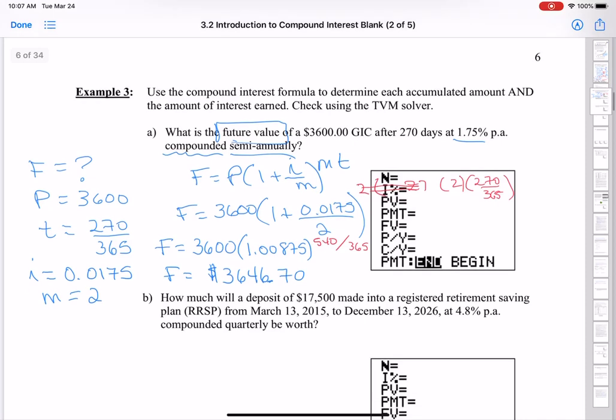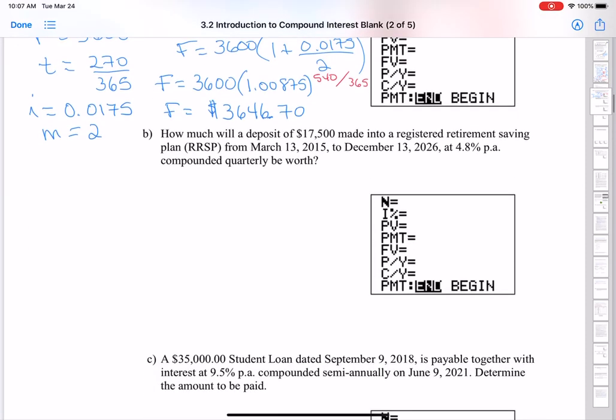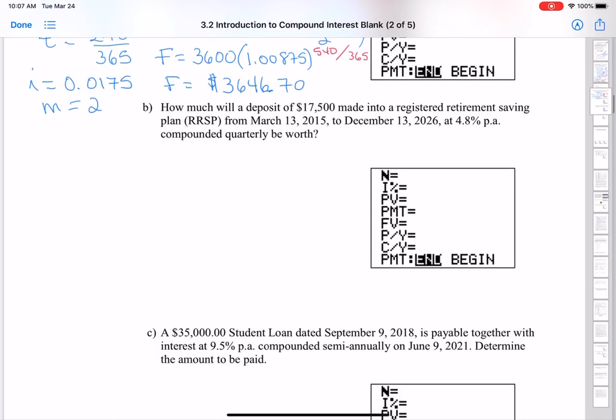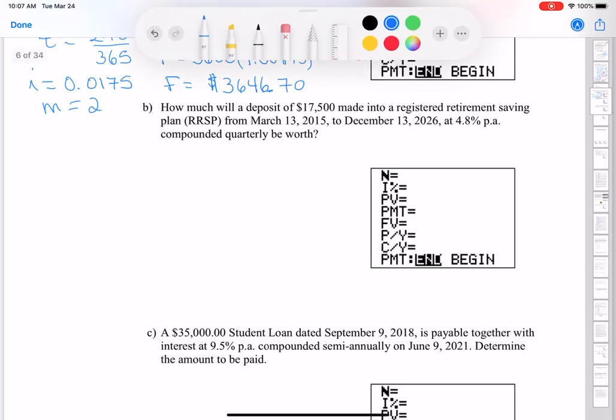All right, let's try an example that's a little bit harder, where we have to count time. It says, how much will a deposit of $17,500 made into a registered retirement savings plan from March 13th, 2015 to December 13th, 2020 at 4.8% compounded quarterly be worth? We know that we're going to be using our compound interest formula because we see that guiding word of compounded.